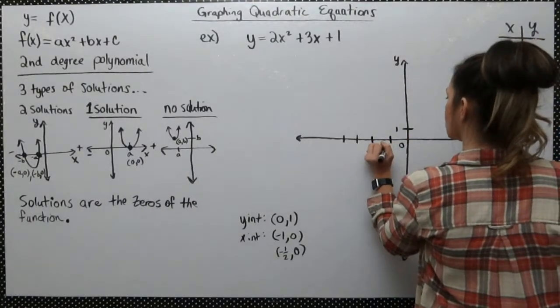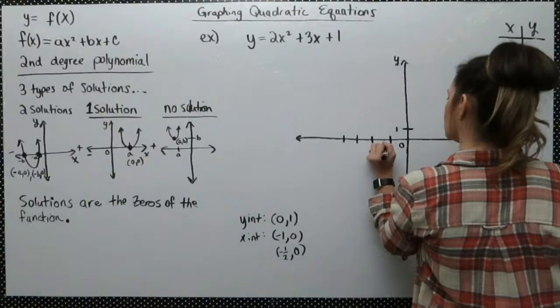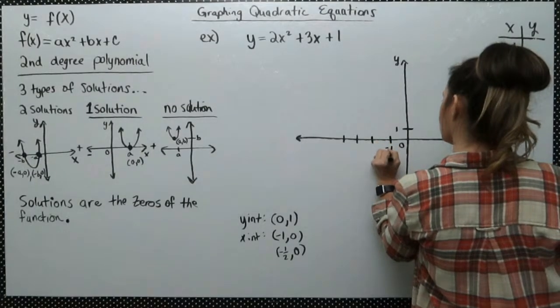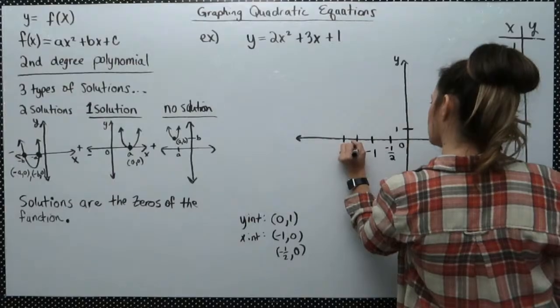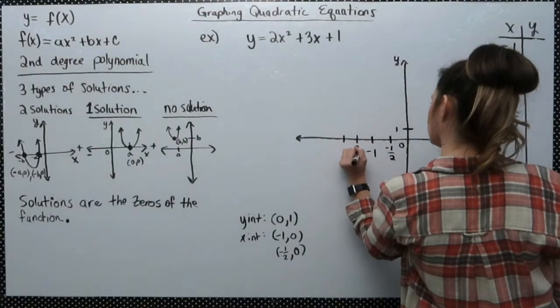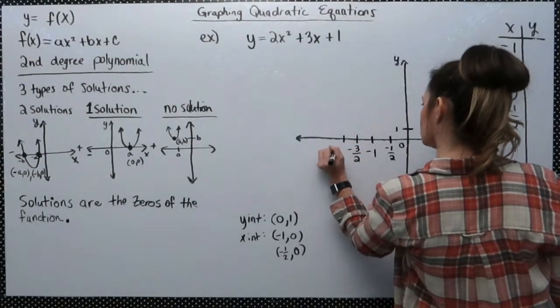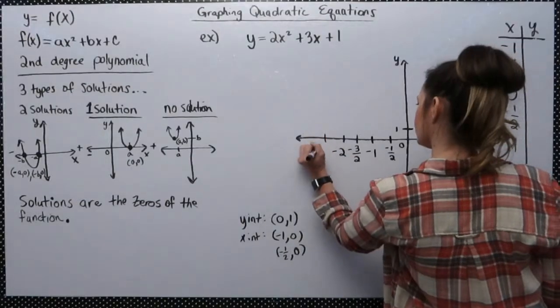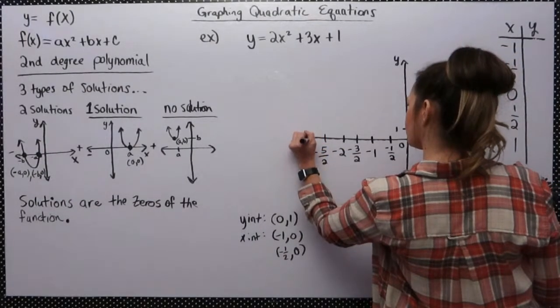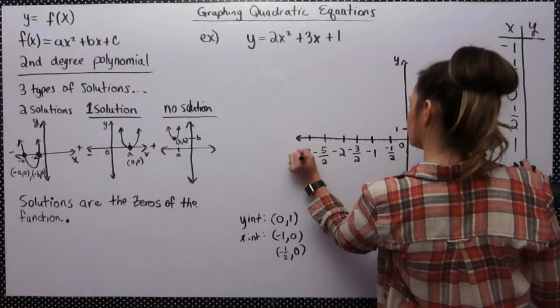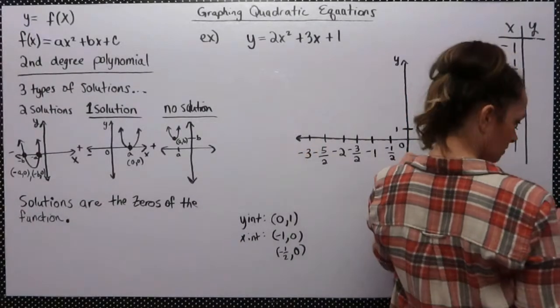So we'll say that's negative 1/2, negative 1, negative, what's that? It's 3/2, negative 2, 5 halves, negative 3. Is that right?